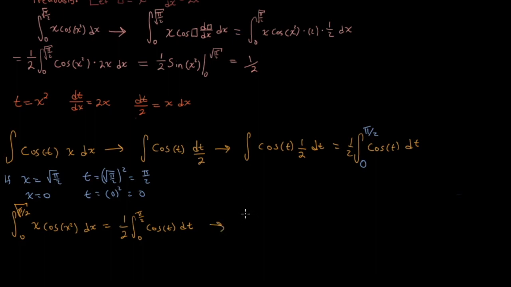So it'll give us 1 over 2 sine t from the interval of 0 to pi on 2. And then when you put those numbers into your calculator, you'll get 1 over 2, which will be the same answer as this one here.